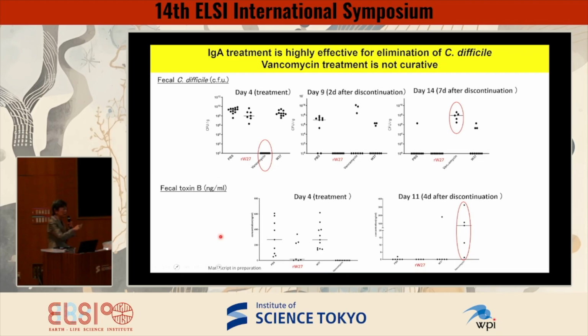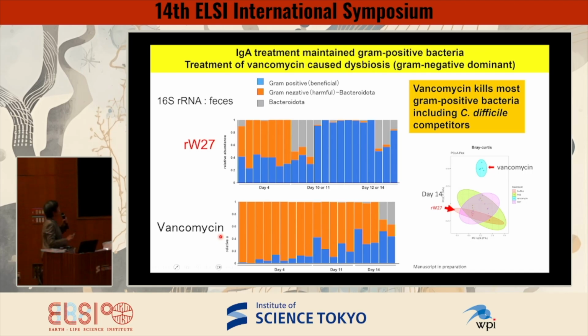This caused a recurrence of CDI. Then with the W27 treatment, we first administered antibiotics, which is why it shows a dysbiotic condition, gram-negative dominance. But at last, they recover the good gut microbiota.